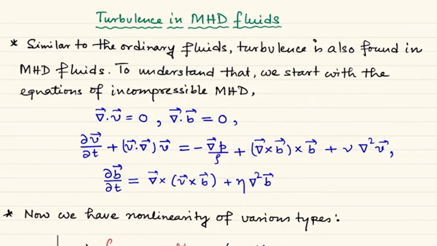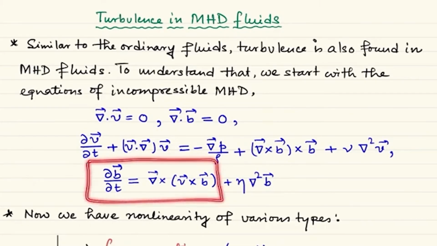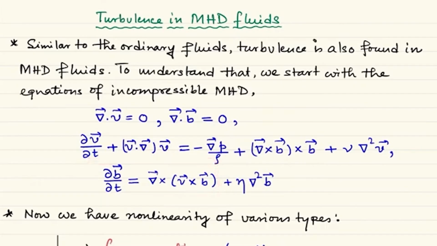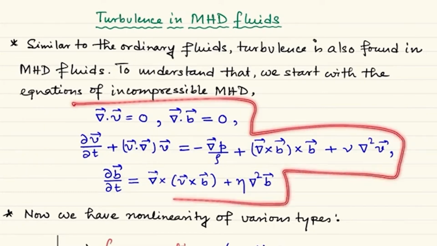Then the induction equation can be written as ∂B/∂t equals curl of V cross B plus the magnetic diffusion term, that is eta times nabla squared B. As you know, for ideal MHD we just need the first term, but here we are talking about turbulence in MHD fluid, so we don't need the ideal MHD equation, but the normal resistive MHD equation.